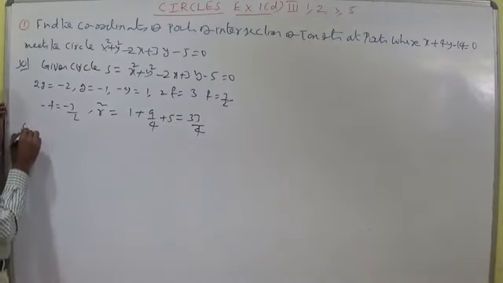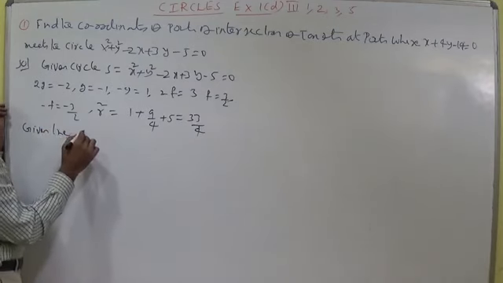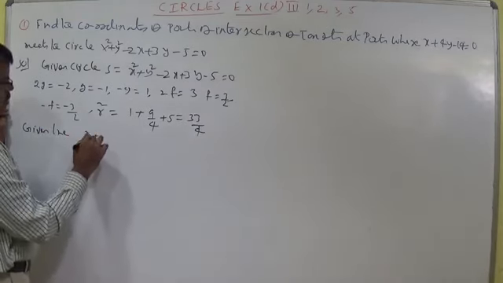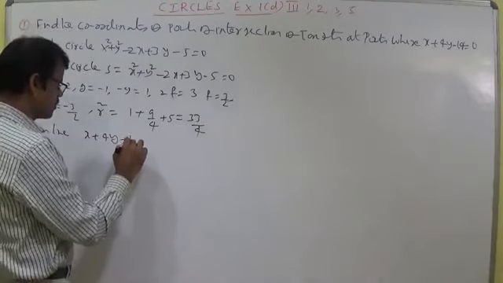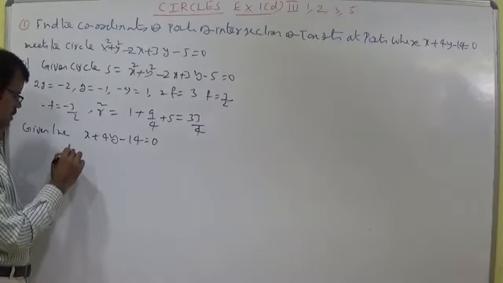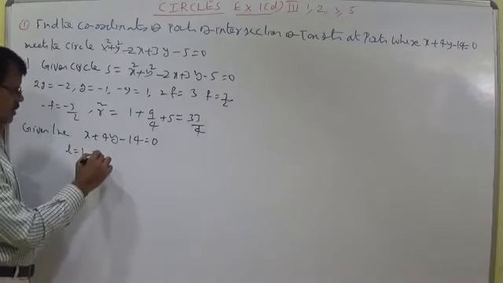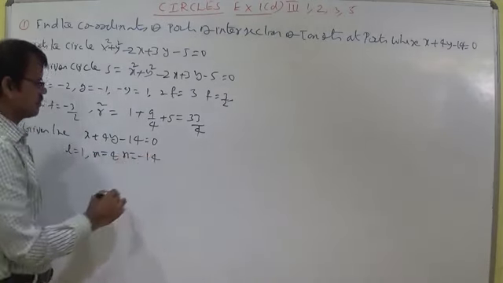Now the given line formula is x plus 4y minus 14 equal to 0. The line here: L is equal to 1, M is equal to 4, N is equal to minus 14.